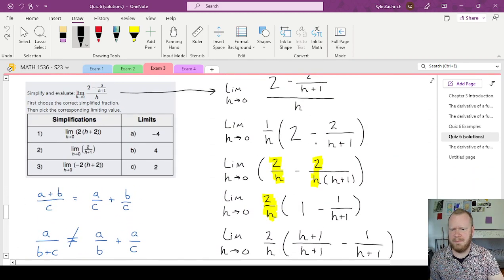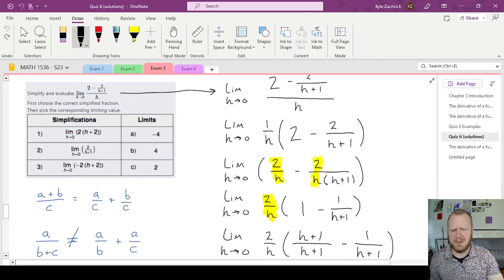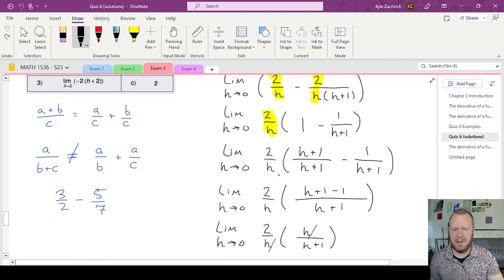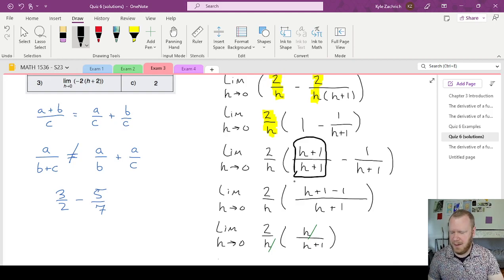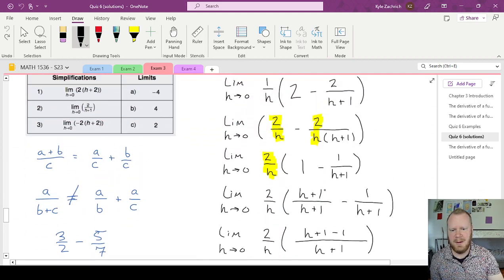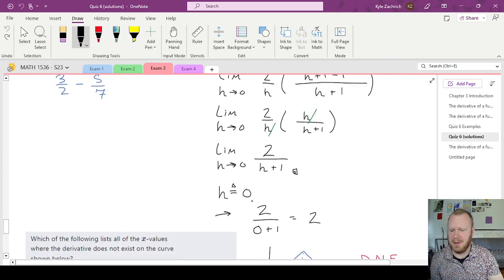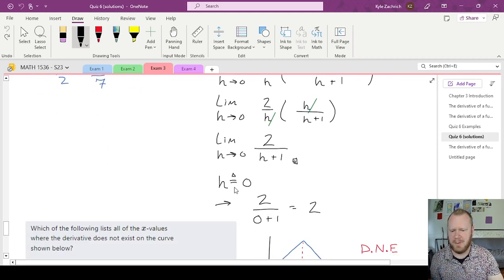I think this lays out the algebra that I'm using. I took a 2 divided by h out. I turned this 1 into h plus 1 divided by h plus 1 to give it the same denominator as this h plus 1 in here. But I think you should be able to follow along with this.